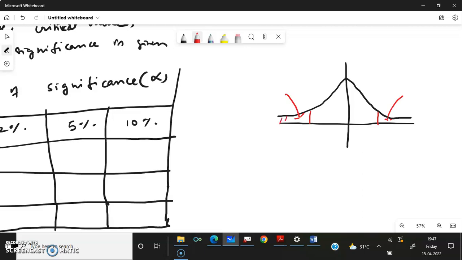If you take the null hypothesis, H naught says that mu1 equals mu2, that is, there is no significant difference between these two means. That is, mu1 minus mu2 equals 0. This is known as the null hypothesis.